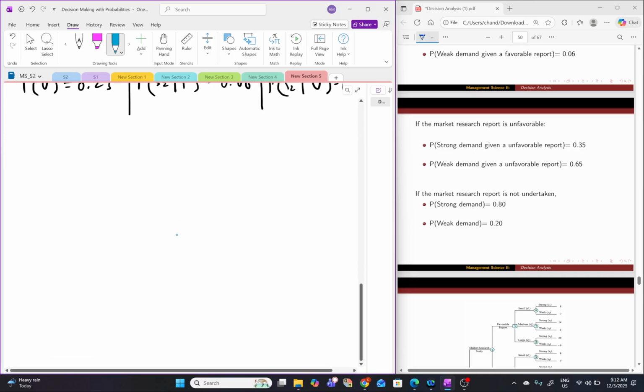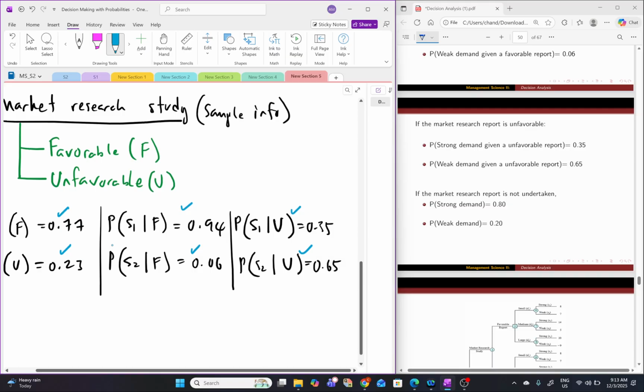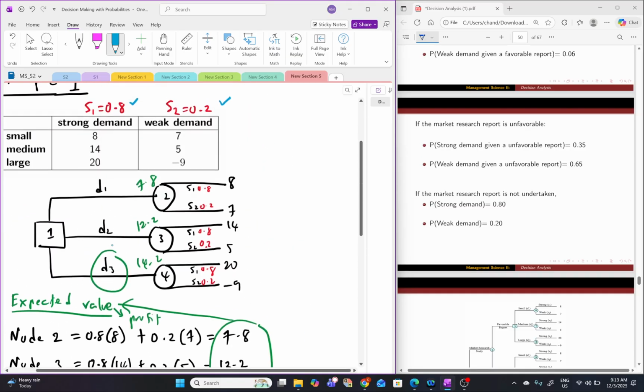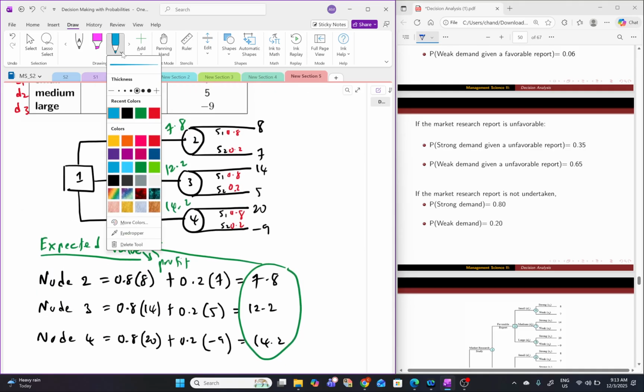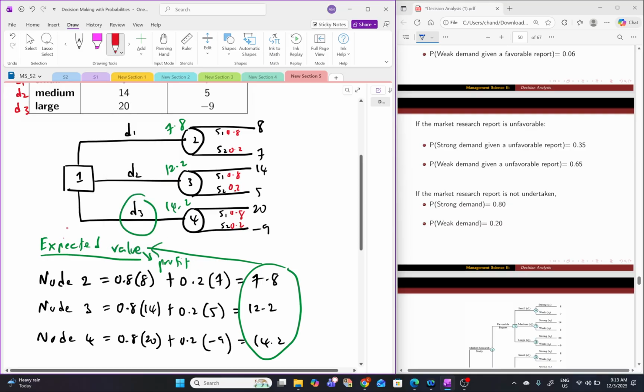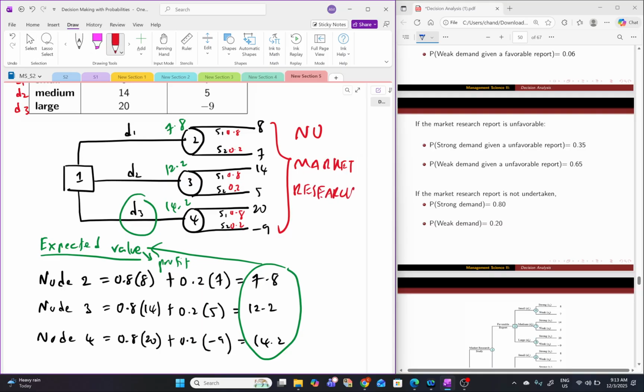Mula-mula, with all these things, we're going to design. Just now, no market research. This one, no market research. Now I can write here, whatever we find here, this one is no market research. Kalau tak ada market research, this is how you do.